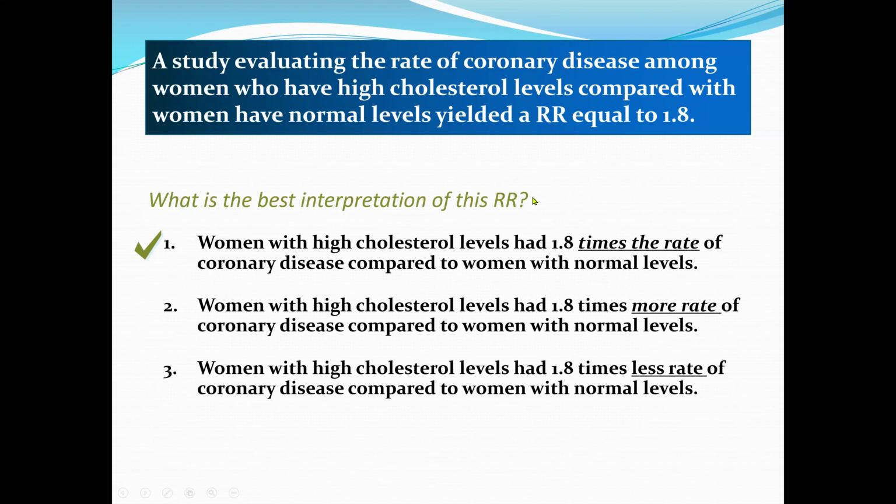Risk difference is the exposed cumulative incidence minus the unexposed cumulative incidence, so we are going to get the actual value. And whatever value we get, we will say whether it's more if you're exposed. If the answer is negative, it means it's less.